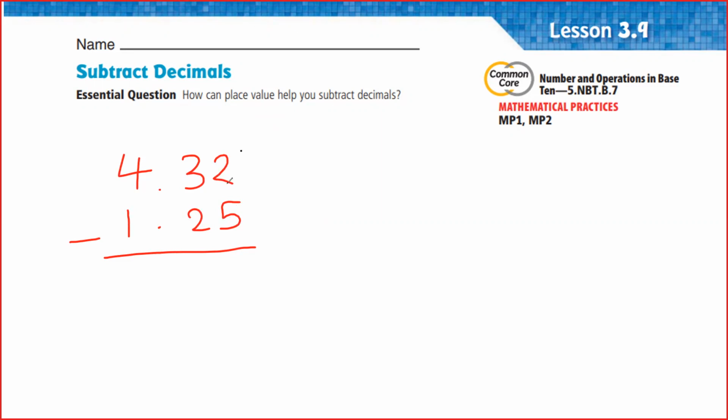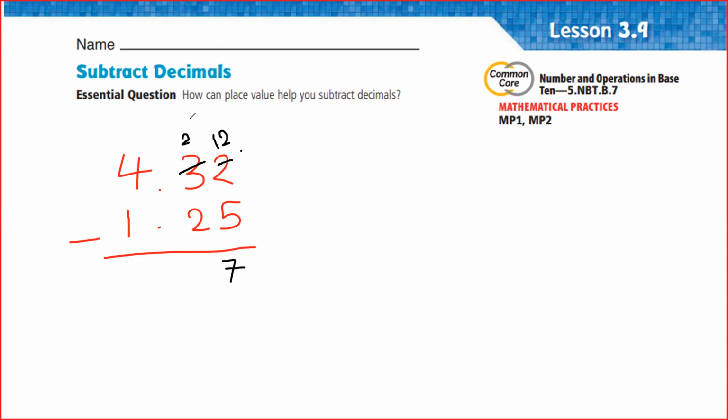Can I subtract 5 from 2? No. So I will go to its neighbor. This will be 2, and I take tens from it, so it will now be 12. Then 12 minus 5 is 7.